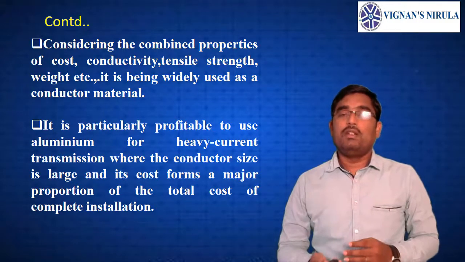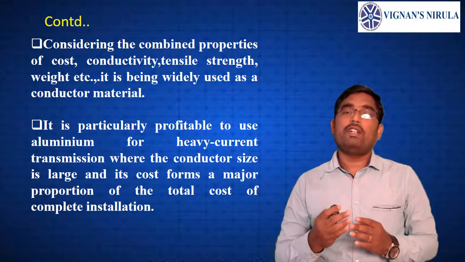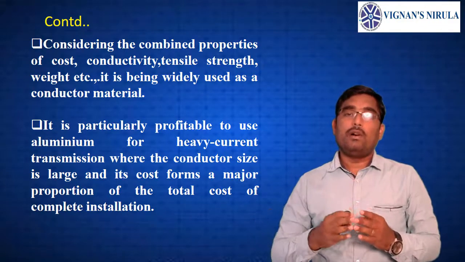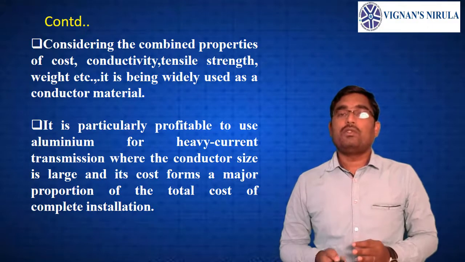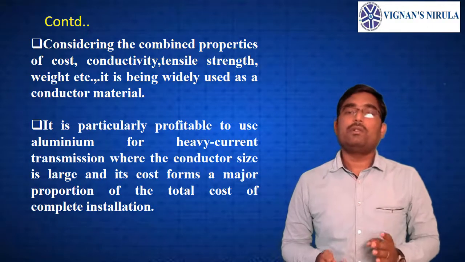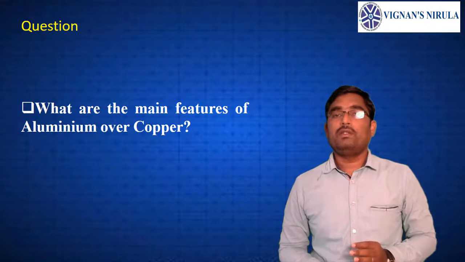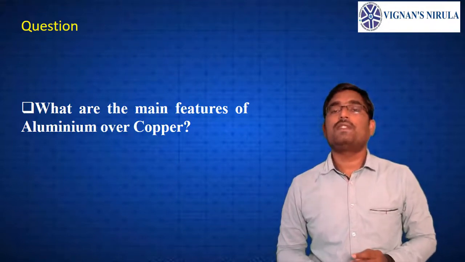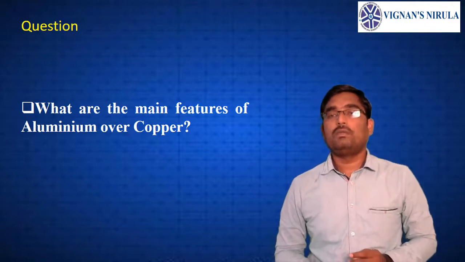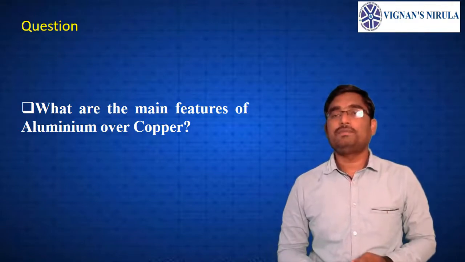Wherever the length required is more, cost plays an important role, so going for aluminum is better. What are the main features of aluminum over copper? Students can answer this question by going through the previous discussion.